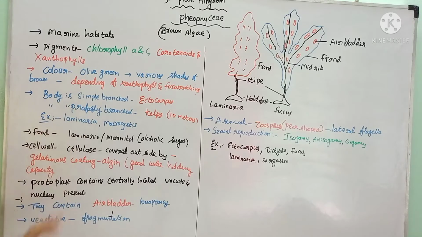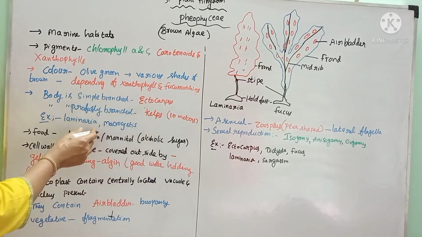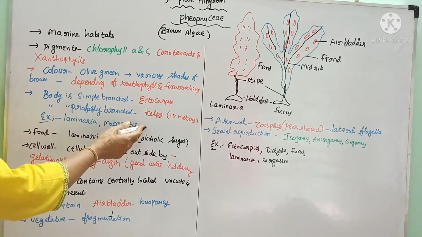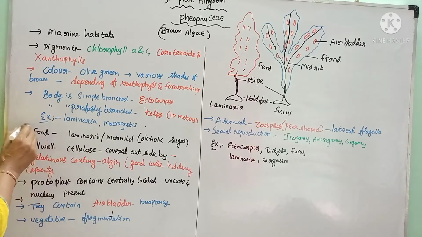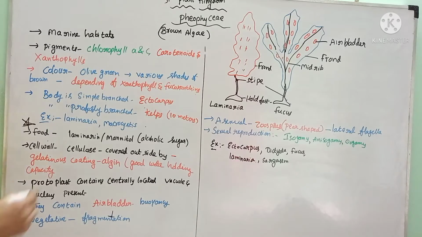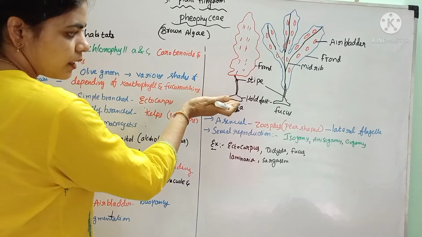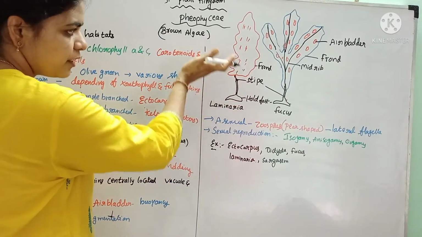The body is simple branched in Ectocarpus and profusely branched in the kelps. Examples are Laminaria and Macrocystis. The stored food material, this is important, is laminarin or mannitol, and the cell wall is made up of cellulose which is covered outside by a gelatinous substance called algin, and the body is differentiated into holdfast, stipe and fronds.